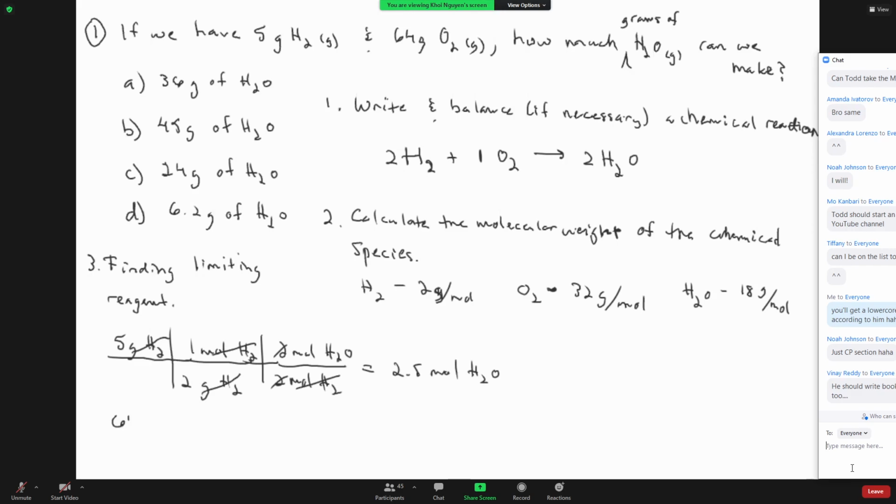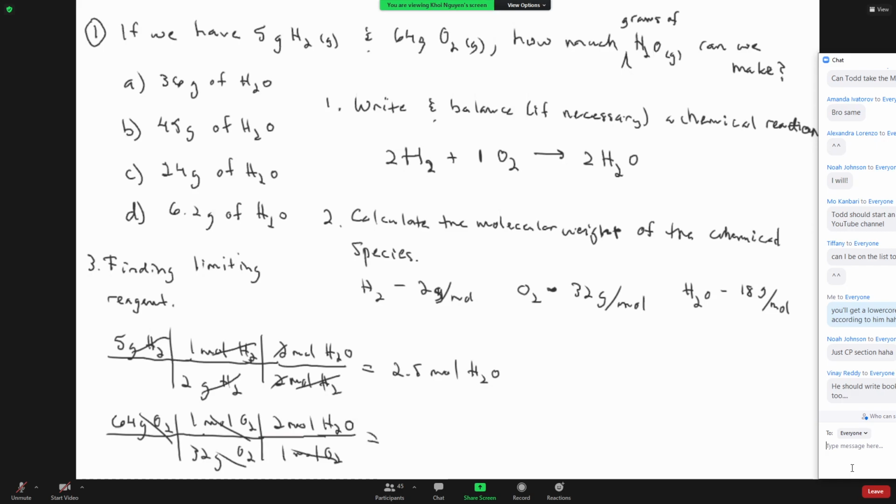The other one is the one for oxygen. Do the same calculations, right? So it's 32 grams of oxygen for every 1 mole of oxygen. And for every 1 mole of oxygen gas, we're going to make 2 moles of water. Right, so everything cancels out except moles of water again.